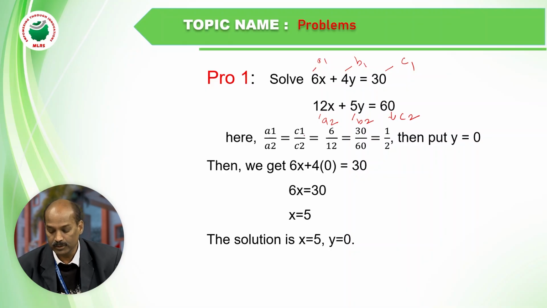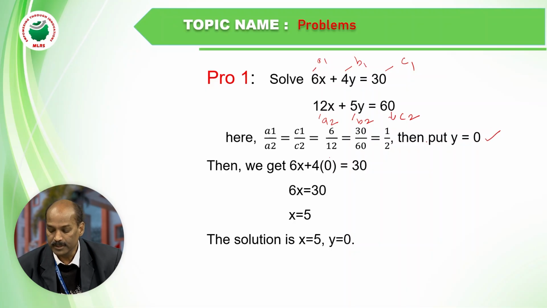That is 6 by 12 equals 30 by 60, how much? 1 by 2. So here the x coefficients ratio is equal to the ratio of the constants. Therefore, now you put y equals 0.